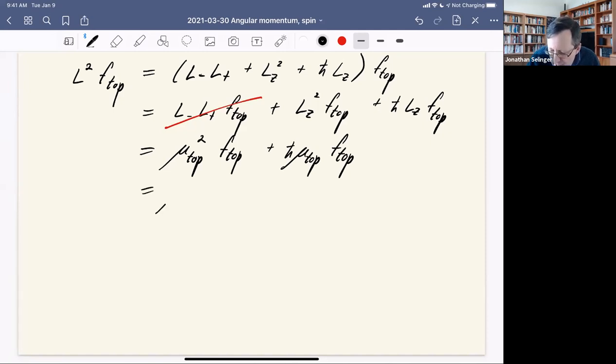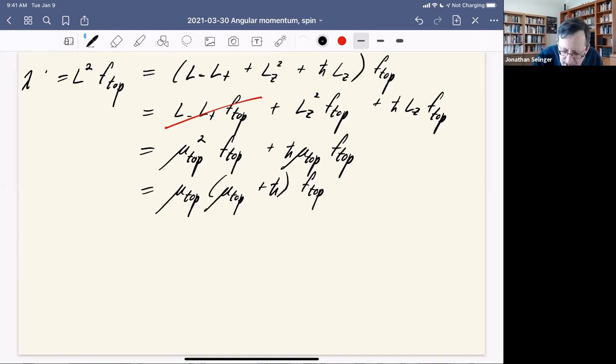So this whole thing is mu top times mu top plus H bar times F top. But all of this is supposed to be equal to lambda times F top.